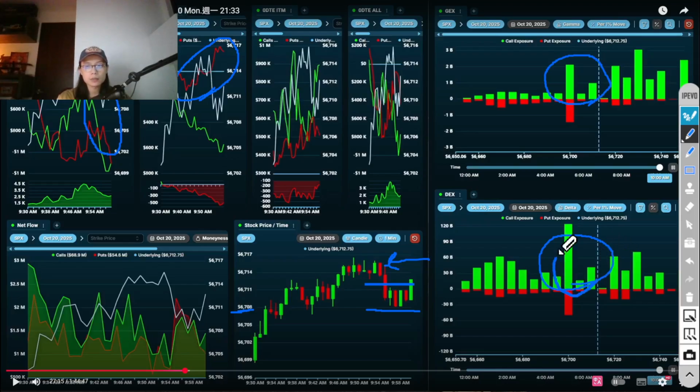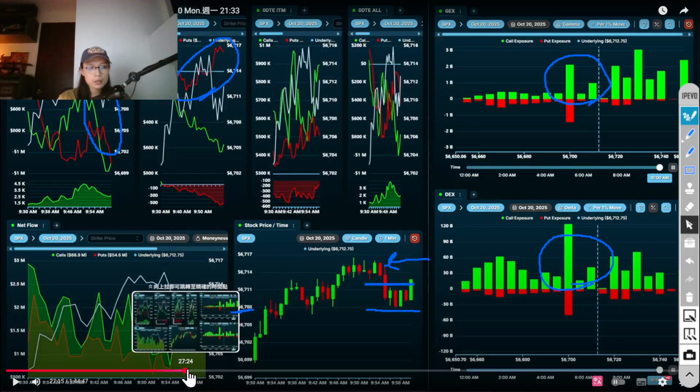It's still a wall over there, and there is not really that much coming into the market to open new put positions. You can tell from here we don't have any obvious put flow coming into the market. All right, please notice the minus here is all minus. Okay, keep continue. The next 5 minutes.